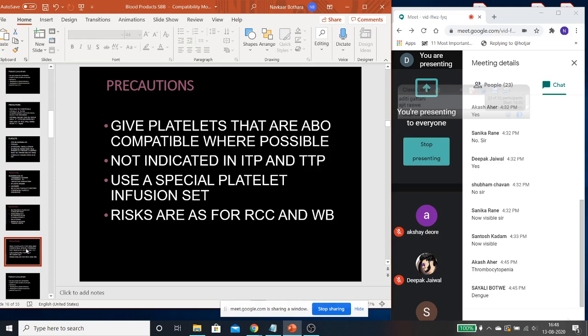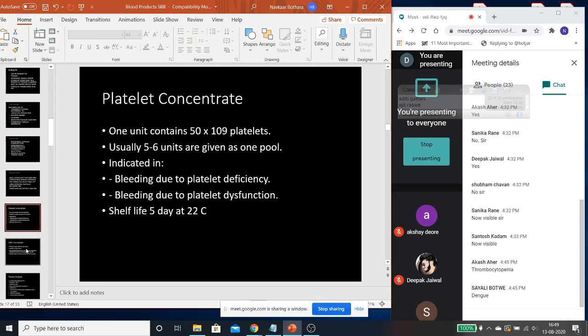Not indicated in certain conditions like pregnancy-related conditions. A special platelet infusion set is required. Okay, and the risks are similar to those of whole blood and RBC concentrate, the same risks are there with this.